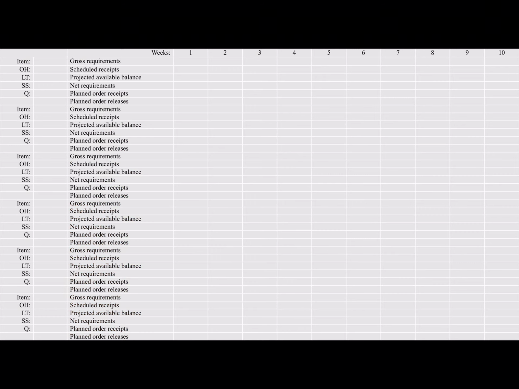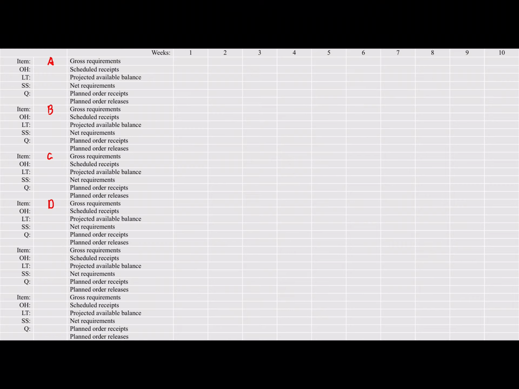Now in our case, the highest level is A, and then B, and then C, and then D. So I'm going to put item A here, item B here, item C here, and then D here.